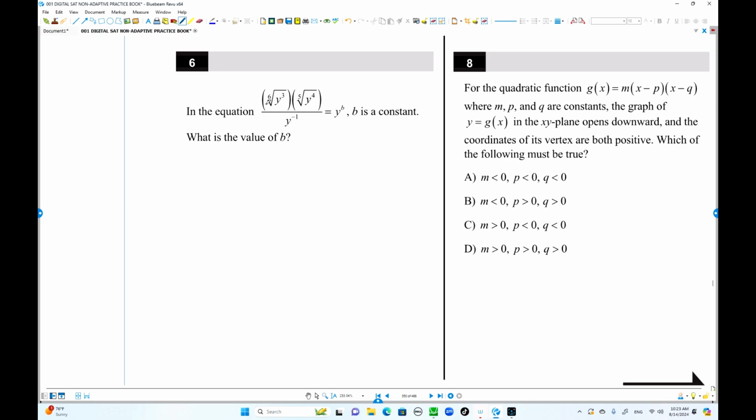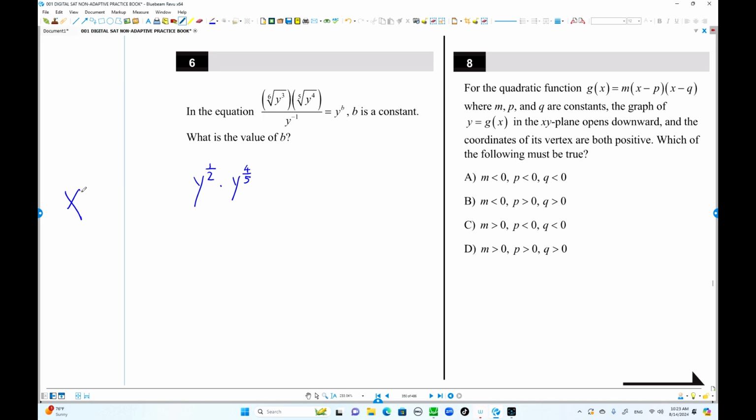We have different index numbers, so we have to change into what? Exponential expression, actually. Okay, so y to the what? y to the 3 over 6. 3 over 6 is 1 over 2, you can reduce, okay? And times y to the what? 4 over 5.